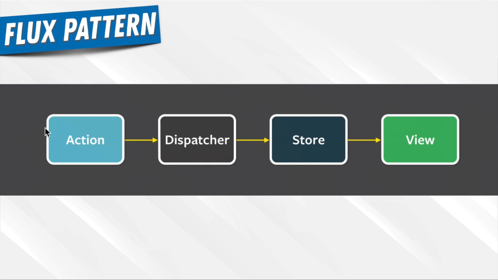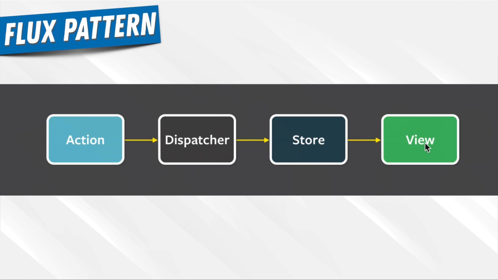And this flux pattern, which inspired the library Redux, has this idea of having an action and then having a dispatcher that dispatches this action to the store, which is our state, which updates the view. And it's one-way data flow. Everything flows one way. If the view gets updated, we go back to the action and again it goes through the dispatcher that dispatches the change to the store and then to the view.